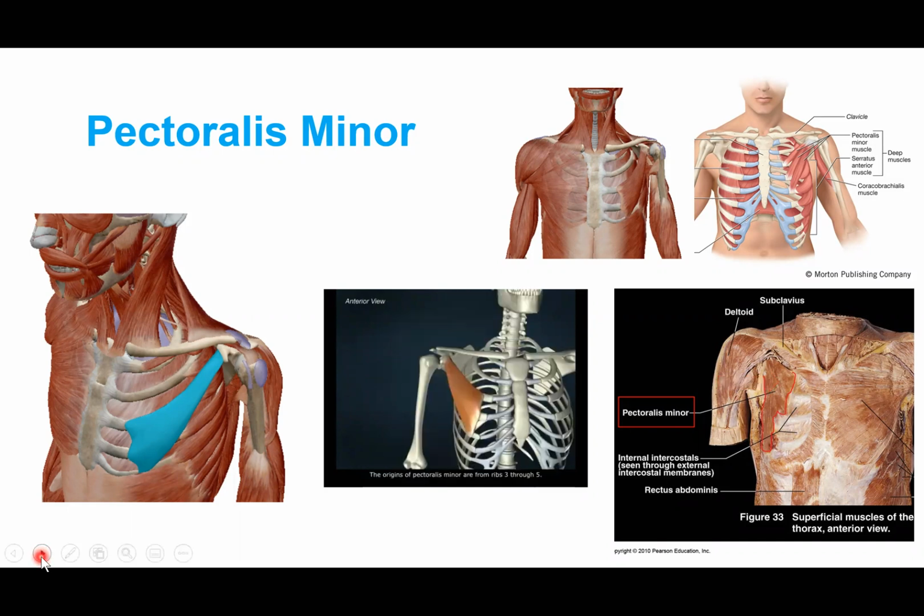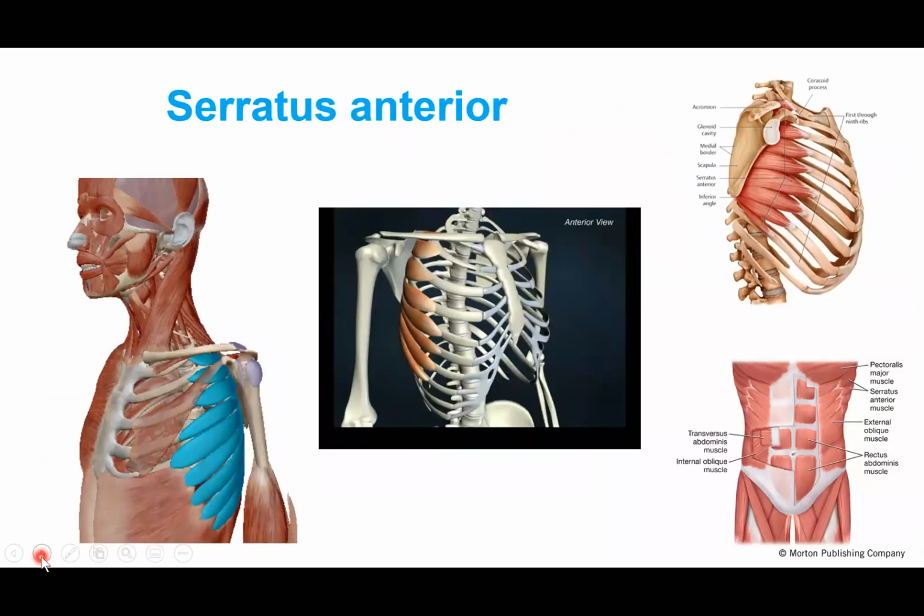The next muscle here is serratus anterior, and it's kind of an easy one to remember because the word serratus, I think of a serrated knife. If you're not sure what I mean by that, a serrated knife is one that has little teeth.